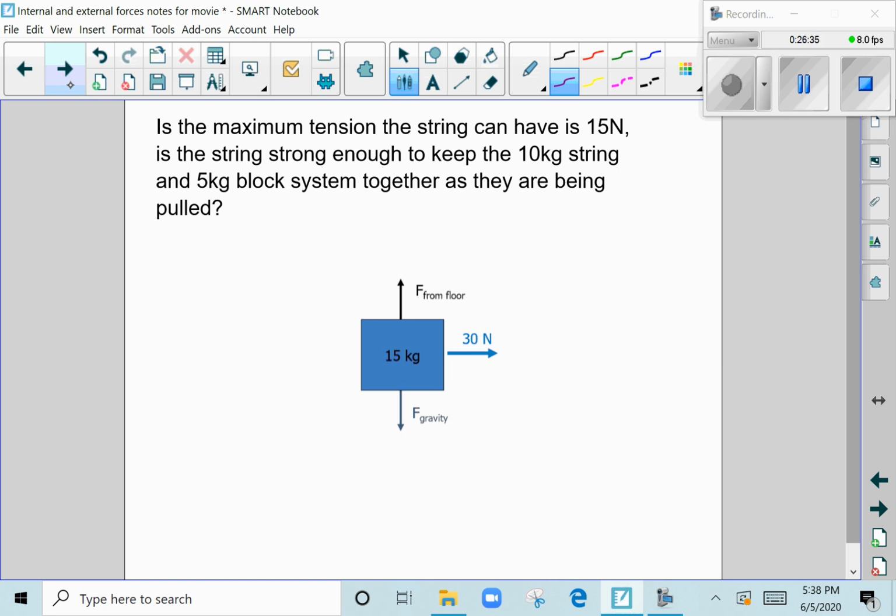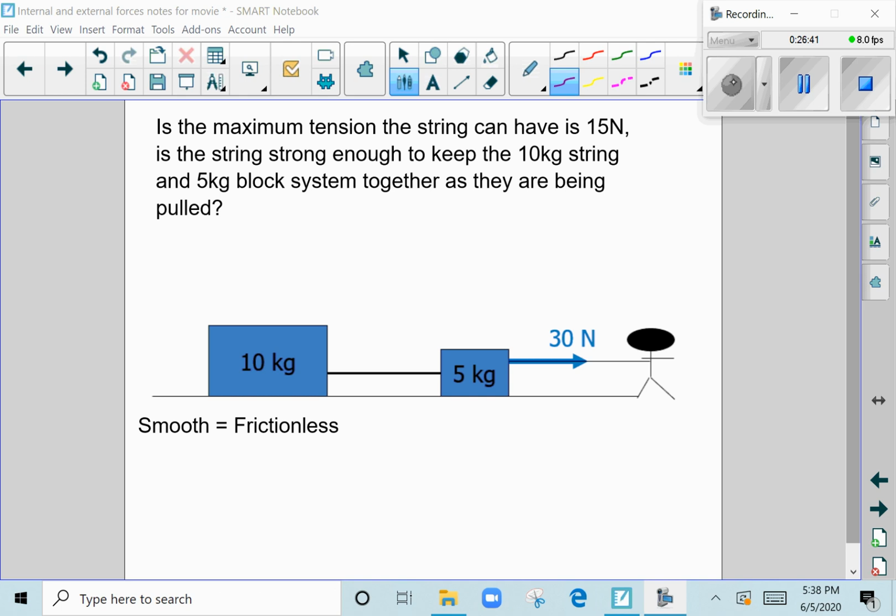So anytime I'm looking for something that's going to take place inside my system, I need to look at the system as a whole. So once I view this now back as a system, I now have a string that I can analyze. So I am not going to use the object perspective. However, I will probably use that as a starting point, and you'll see why in just a few moments.